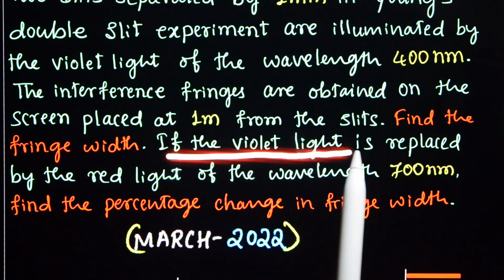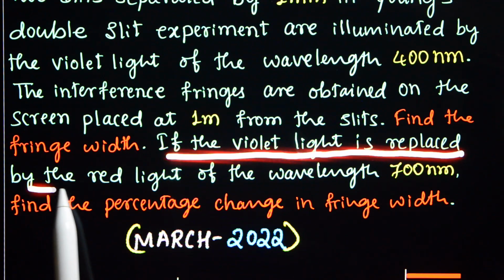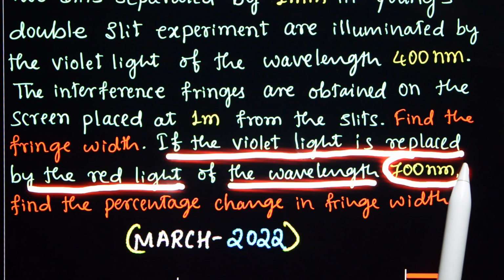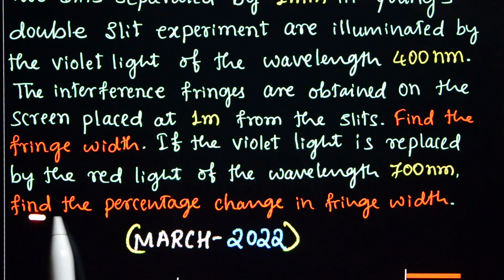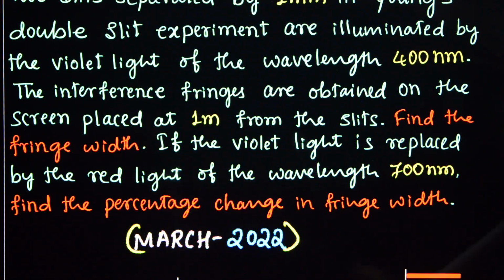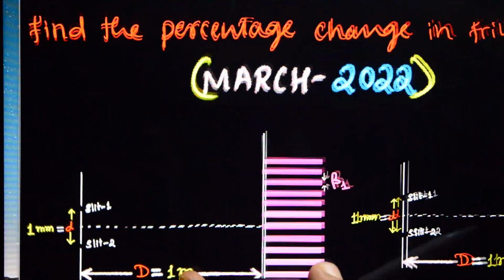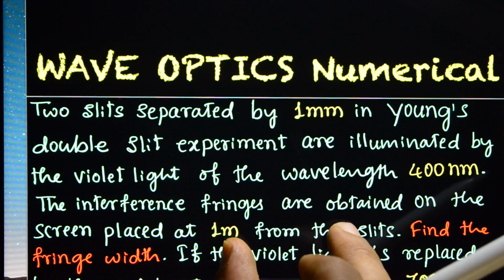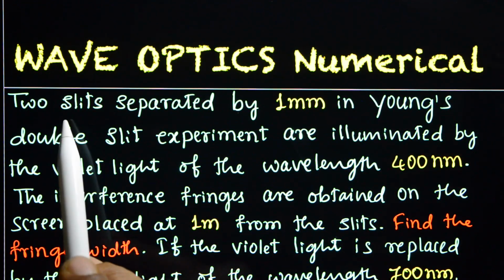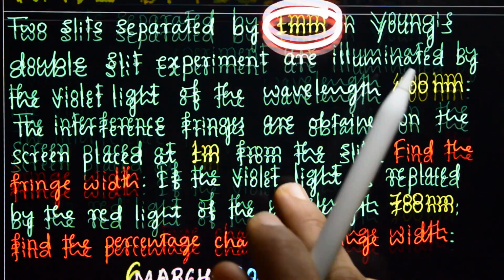If the violet light is replaced by a red light of wavelength 700 nanometer, find the percentage change in fringe width. Okay, what are the given things? We are given the wavelength of light initially used is 400 nanometer, and the two slits are separated by 1 mm.